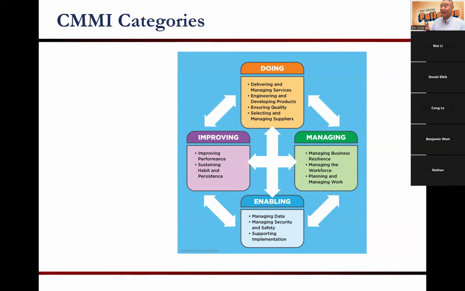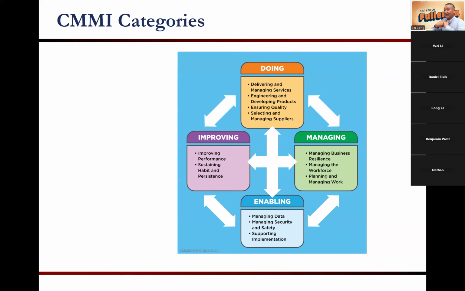Okay, so they came up with 12 areas. They call that capability area. For each capability area, they said, okay, now we need to have some practice areas. So what specific practice areas can contribute to achieving that specific capability.